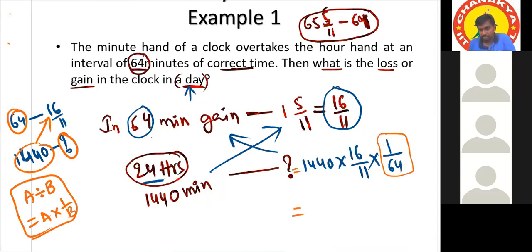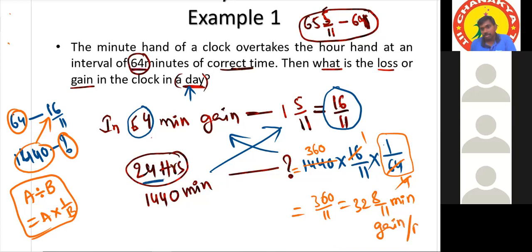So tell the answer. 64, 16 one time and 16 4 times it is, and 4 here. 32 something. 3 times, and then 6 times is 24 and 0. 360 by 11 totally. Sir, 32 8 by 11. 32 8 by 11, correct. 32 8 by 11 minutes. Loss or gain? Sir, gain. Gain per day. So this is the case.